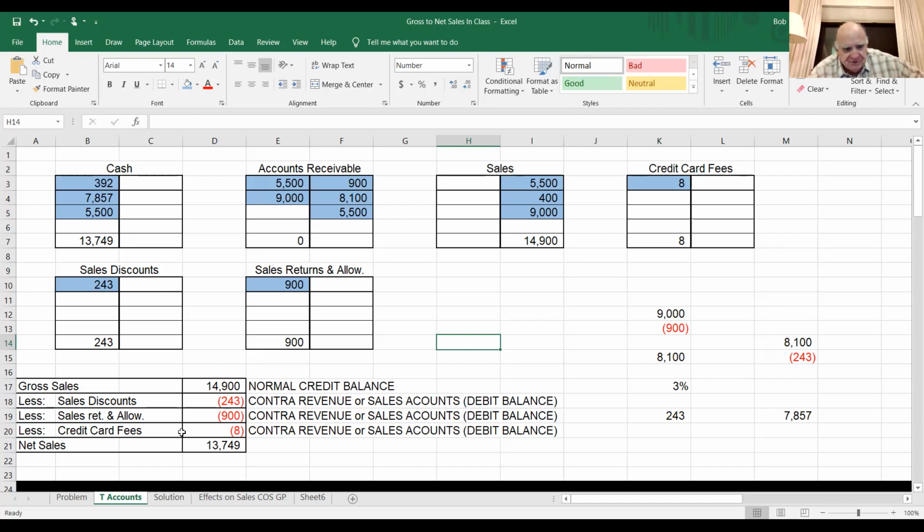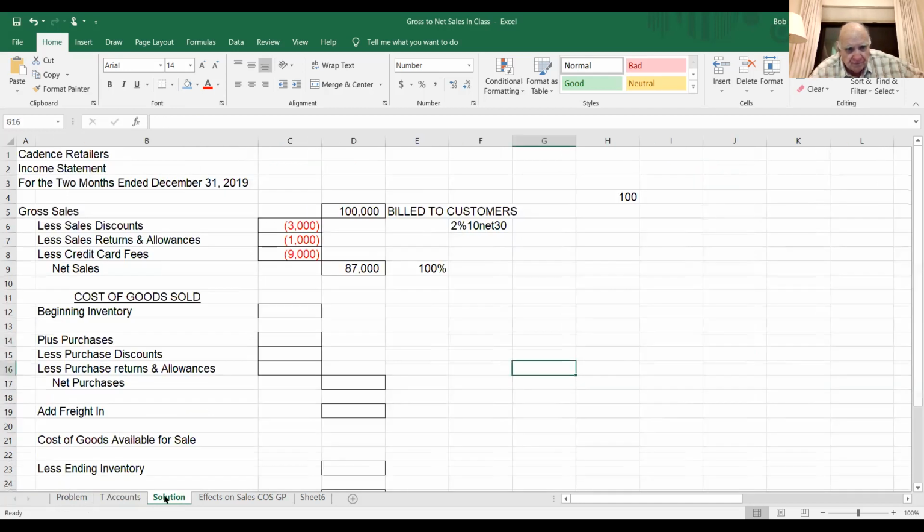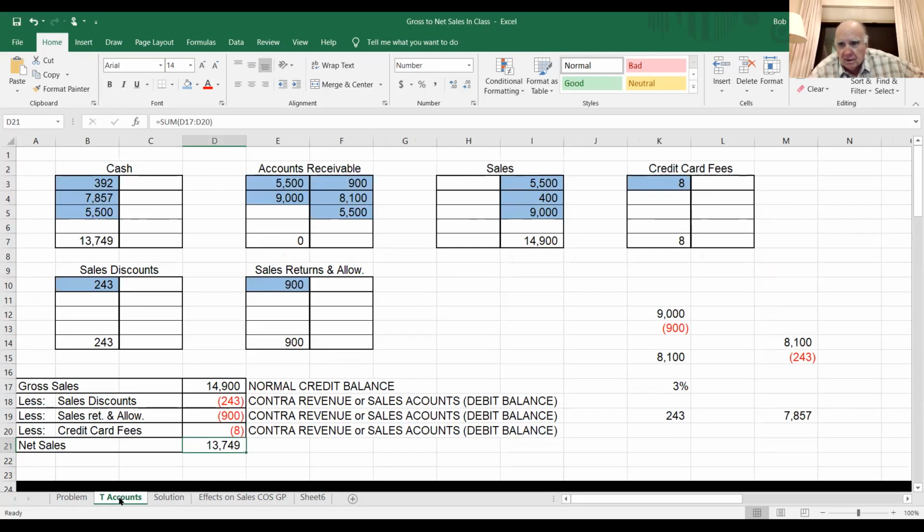Normal credit balance. All of these offsets are contra sales accounts, which carry a debit balance. So 14,900 minus that, minus that, minus that equals 13,749.